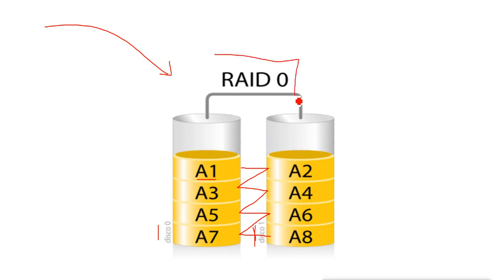We are storing the data into this single partition, not directly into these two disks, and RAID is managing the striping to store the data into these two disks. We will see this partition and use this partition only. We don't use the disks directly.